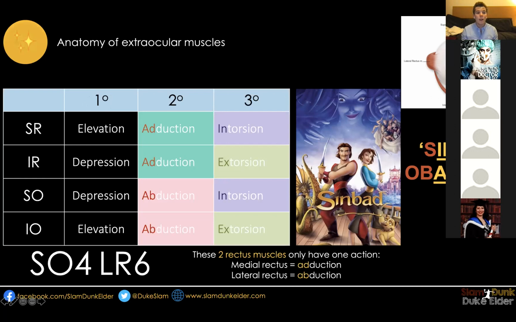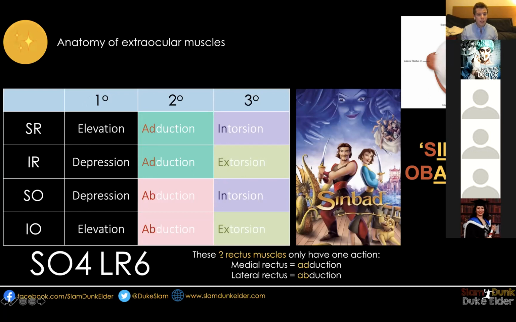However, the obliques, in terms of their primary movements, don't obey the way they're described, if that makes sense. So a superior oblique will counterintuitively depress despite being a superior attachment, and an inferior oblique will counterintuitively elevate despite being described as an inferior muscle. Do you see what I mean?